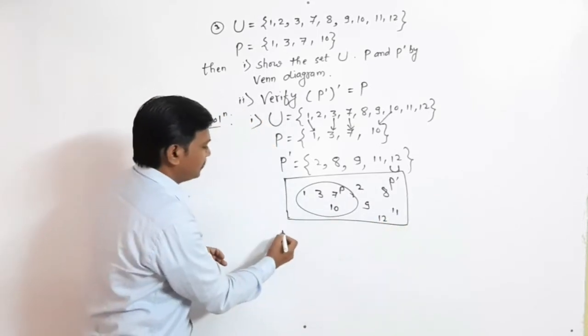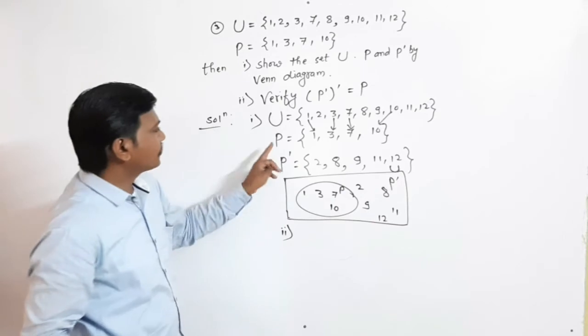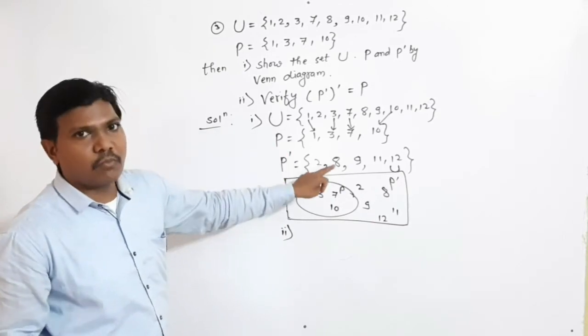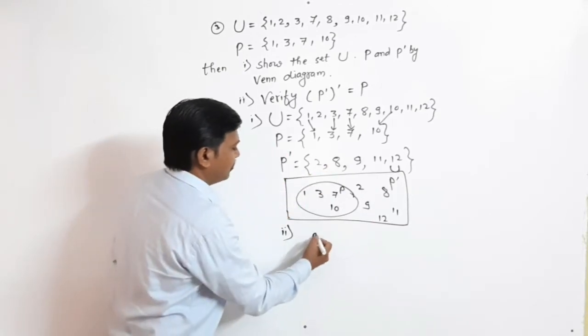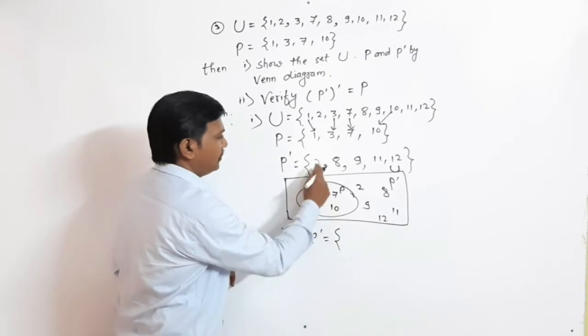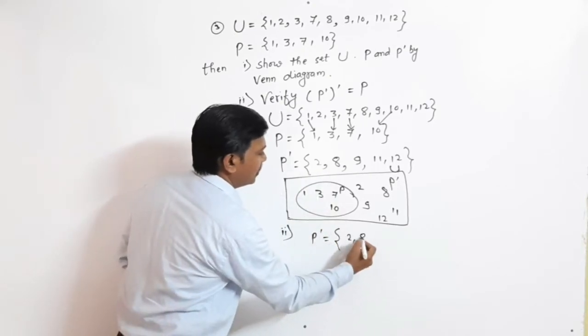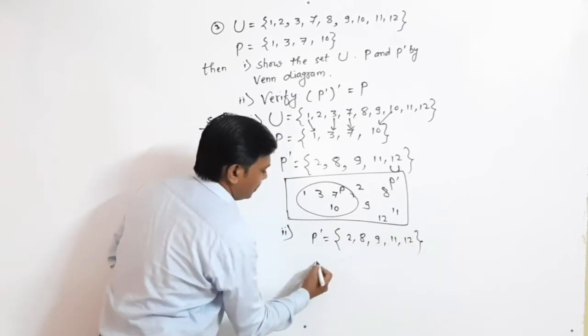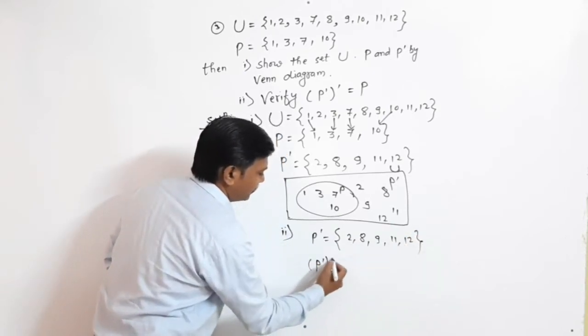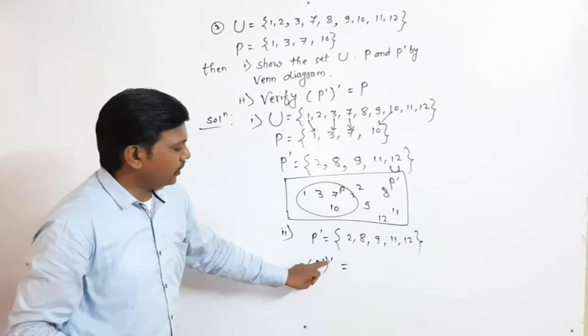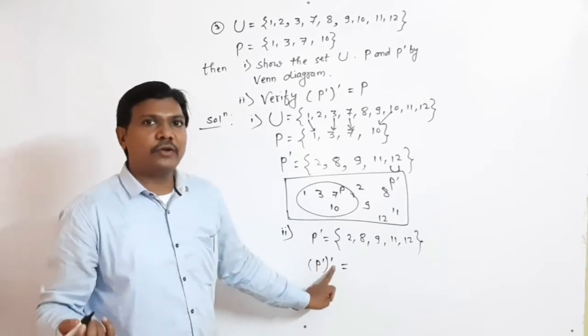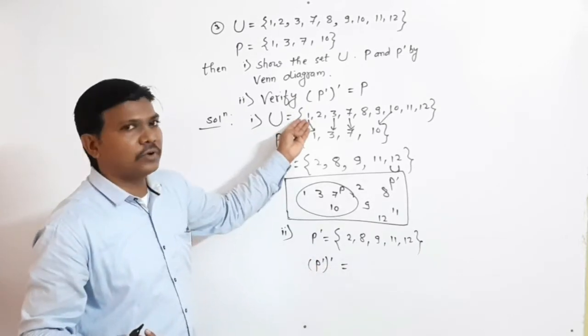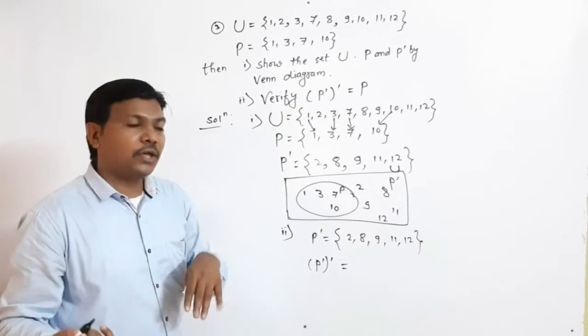And then see, the second question is the complement of P complement. So here P complement is 2, 8, 9, 11, 12. Then again find its complement. Means again elements which belong to the universal set but not in P complement.